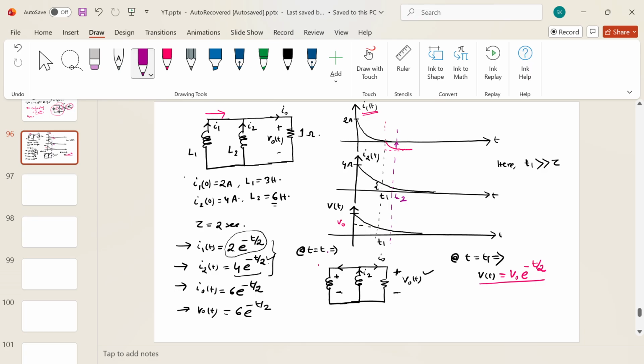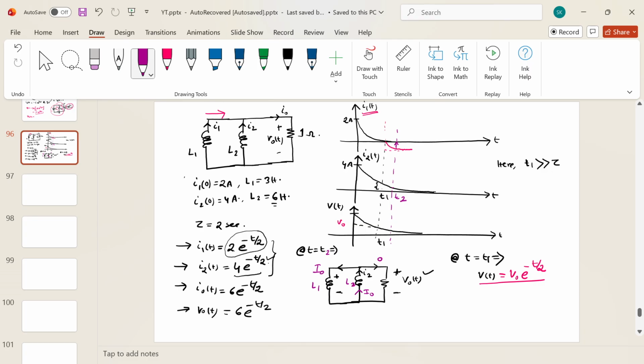At instant t2, the current flowing in this direction is I naught, and at the same time the current flowing through inductor L2 is also I naught. This is L1, this is L2. The current flowing through L1 and L2 is the same, so what will be the current flowing through the resistance? That will be 0. The moment this situation occurs, the voltage across the resistance simply becomes zero.